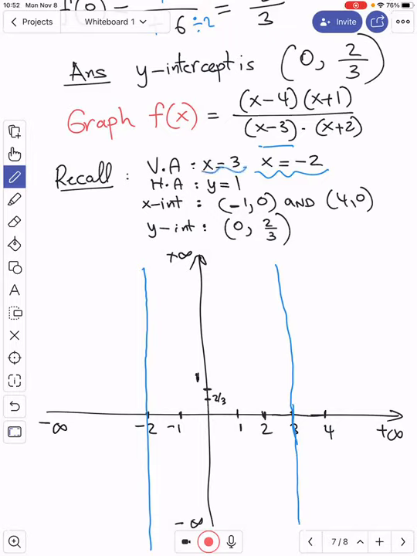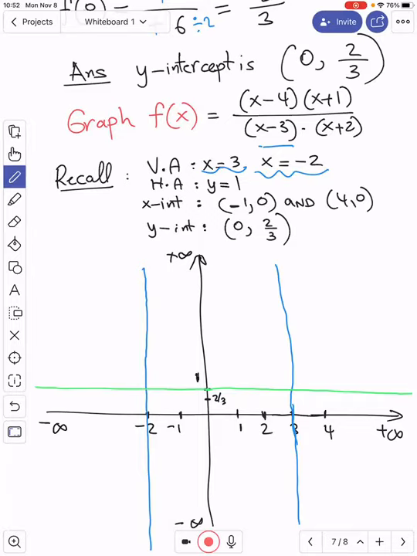Now for the horizontal asymptote, we got y equals 1. So here's my horizontal asymptote, y equals 1. This is 1, of course, on the vertical axis, that's my y-axis.